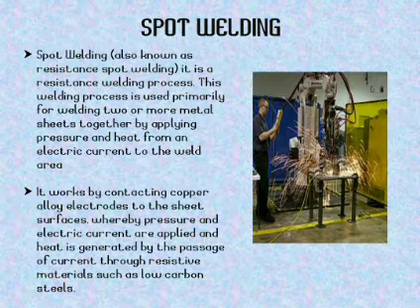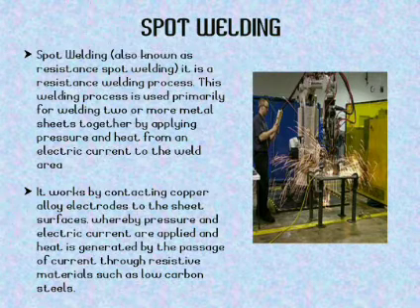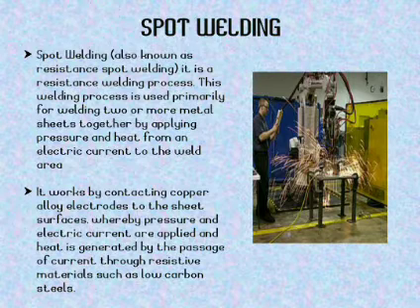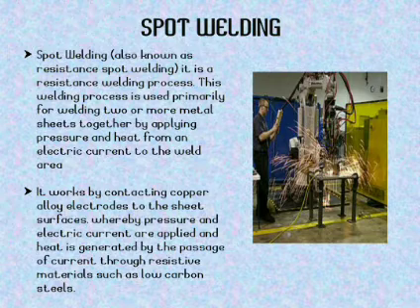It works by contacting copper alloy electrodes to the sheet surfaces, whereby pressure and electric current are applied and heat is generated by the passage of current through resistive materials such as low carbon steels.